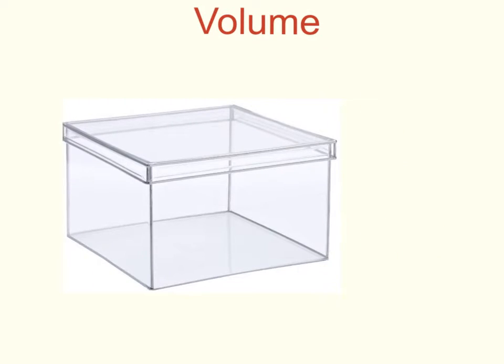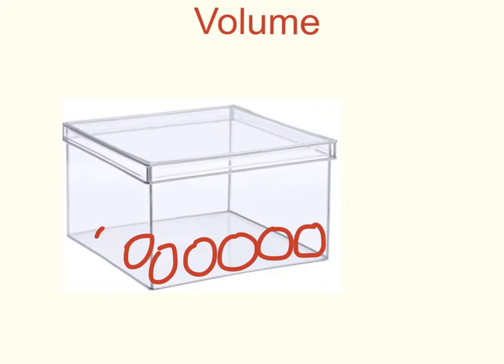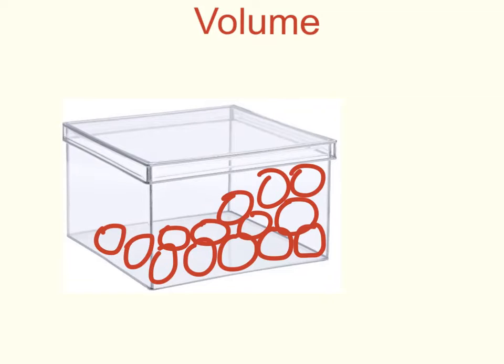Alright, so here's a box, and I'm going to fill it with, let's say, some baseballs that I find. And what we're trying to find is the volume of the box. So what that means is how many baseballs would fit into this box. And we want to fill it right up.